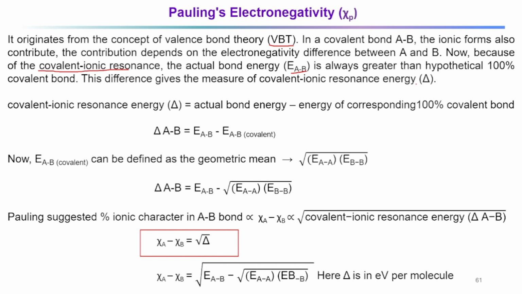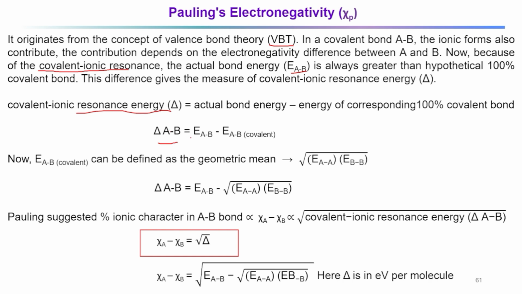So how can you write it? Covalent-ionic resonance energy, delta, is equal to the actual bond energy minus the energy of the corresponding 100% covalent bond.